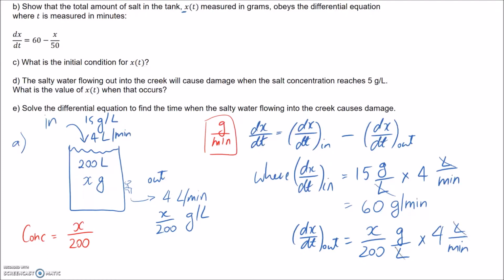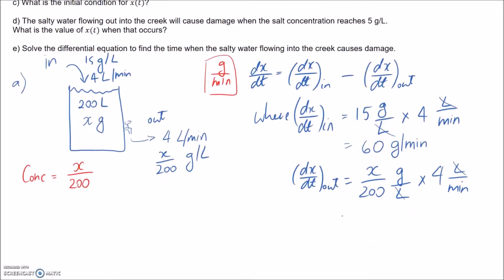Again, we see the liters cancel on top and bottom line, and we're left with 4x over 200 with the units of grams per minute, and we can make this a little nicer. So x on 50 is the same as 4x on 200.